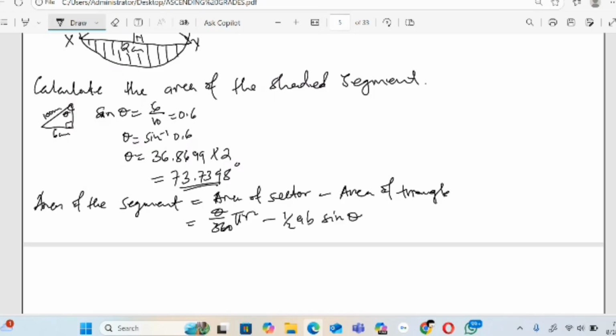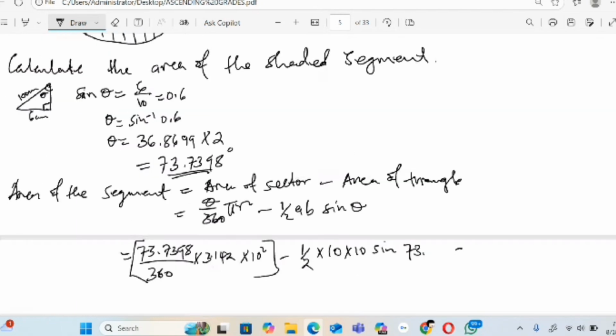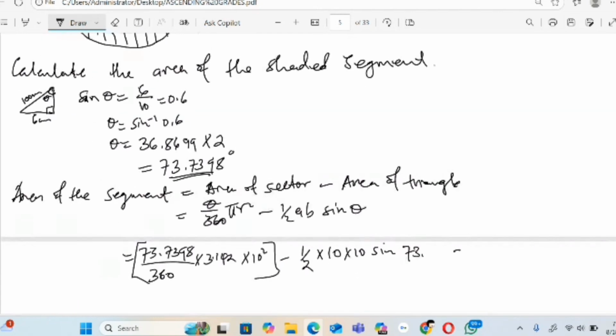Our theta is 73.7398 over 360, times 3.142, times radius squared, which is 10 squared, then minus a half AB, so A is 10, B is 10, then sine theta, so our theta is 73.7398.